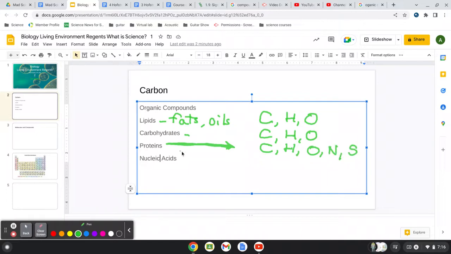up the proteins. And the nucleic acids like DNA and RNA, which I said before, are nucleic acids. DNA and RNA, messenger RNA, and other types of RNA, which we'll talk about, they're made of carbon, hydrogen, oxygen, nitrogen, and phosphorus.